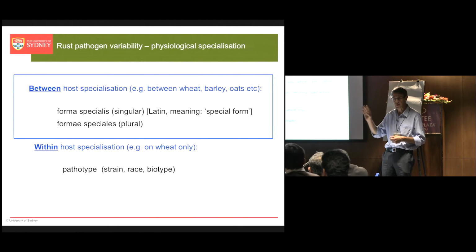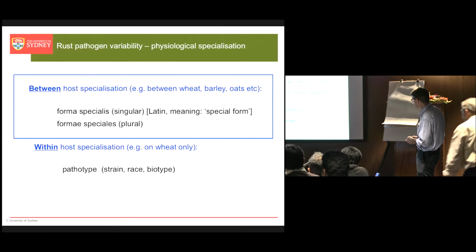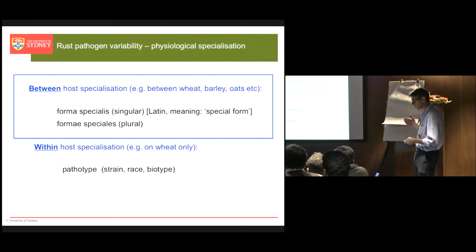And I showed you oat stem rust and called that Puccinia graminis forma specialis avenae. And then in the second part of the lecture, after lunch, we'll be talking about within host specialisation. So these are the pathotypes. This is where we come down to the concept of pathotypes, strains, or biotypes. But what I'm going to talk about now is between host specialisation, or the formae speciales of rusts.